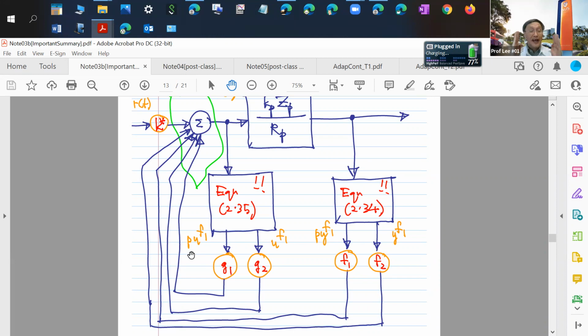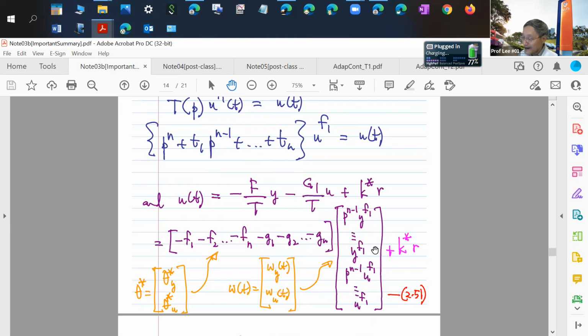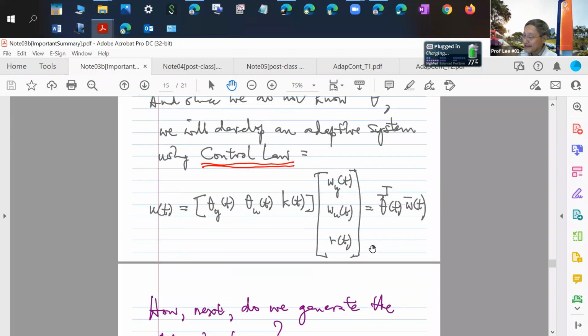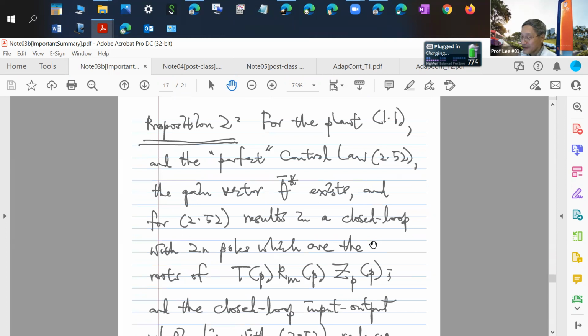So that means that system remains at 2n order even after your state feedback, which means that out of your state feedback, there must be 2n poles because the order of the system didn't change. So where are the 2n poles? Okay, that's proposition 2, which is an equally important result, which we need to observe.